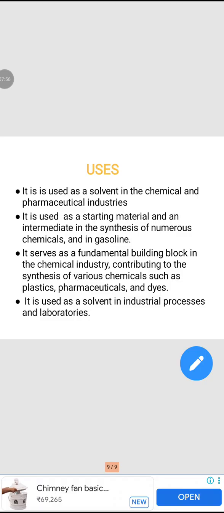It serves as a fundamental building block in the chemical industry, contributing to the synthesis of various chemicals such as plastics, pharmaceuticals and dyes, etc. It is also a good solvent used in industrial processes and laboratories.